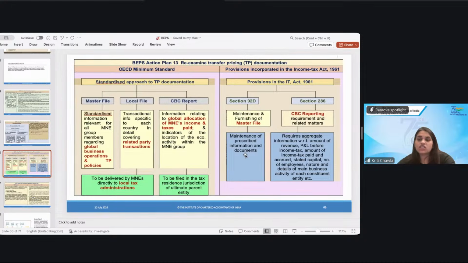So Section 286 requires aggregate information with respect to the amount of revenue, the P&L before income tax, the amount of income tax that has been paid and accrued, stated capital, the number of employees, the nature and details of main business activity of each constituent entity, etc. So this is what they have incorporated in BEPS Action Plan 13.